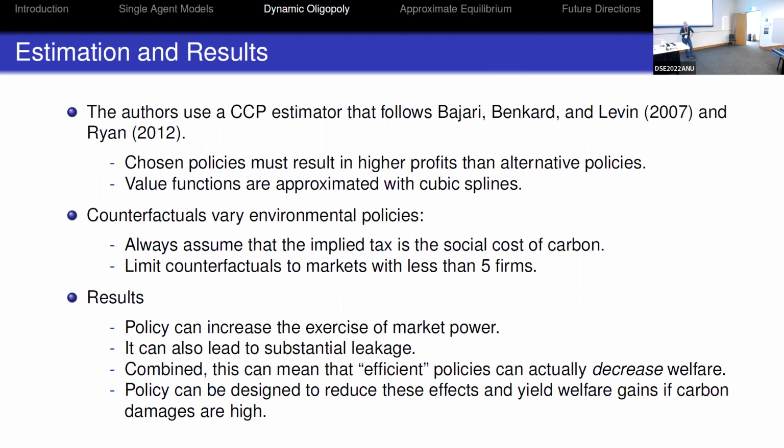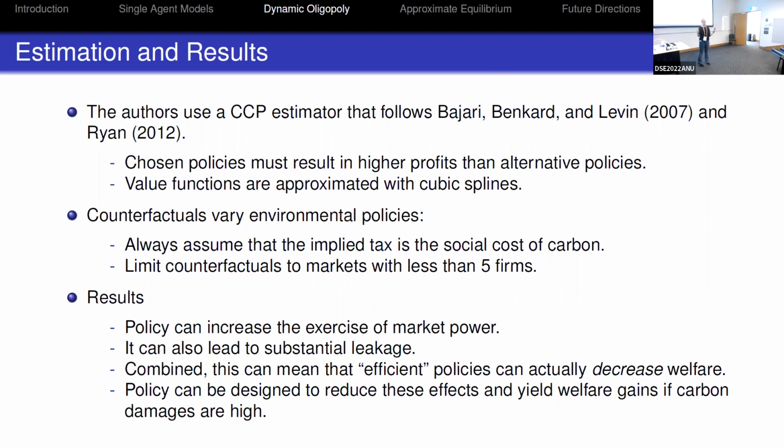Okay. So importantly, what do they find? They find that policy can increase the exercise of market power. Particularly for levels of social cost of carbon that they're putting into these markets that we observe, there's market power and there's leakage. And that actually means that the efficient carbon tax, at the social cost of carbon, lowers social welfare.